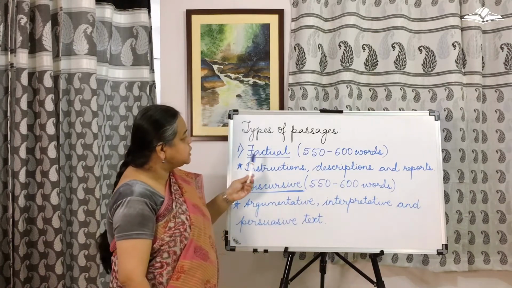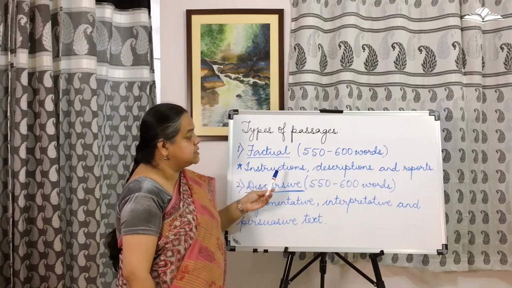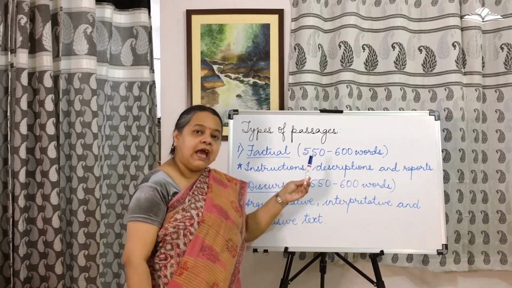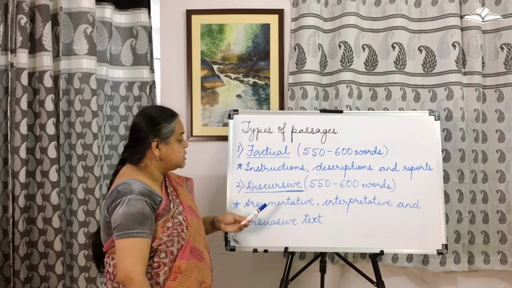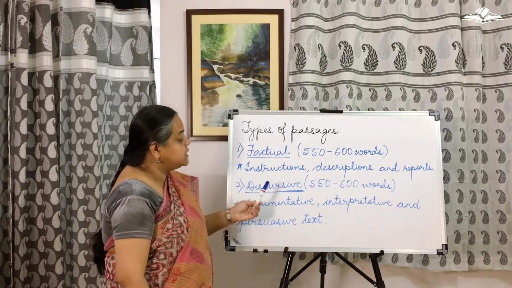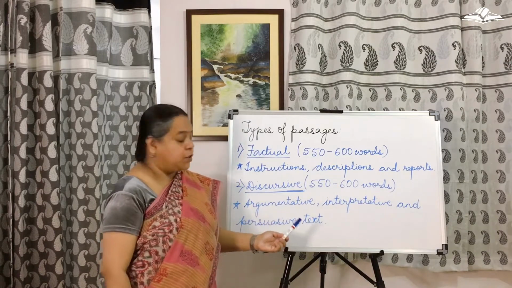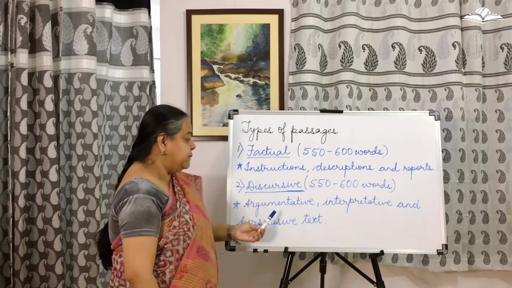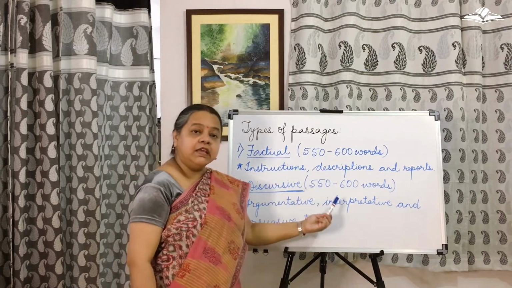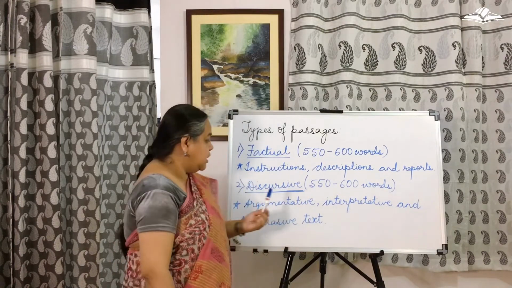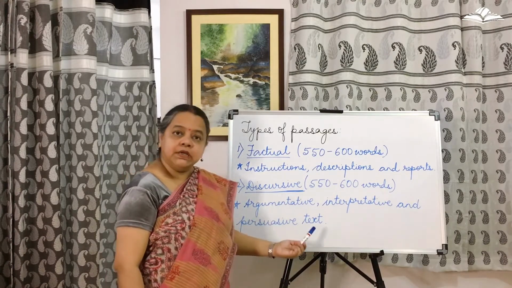In a factual passage, you will get facts about instructions, descriptions and reports. Whereas in a discursive passage, you will notice argumentative, interpretative and persuasive text where you will find people arguing on any topic, giving their interpretation and then trying to persuade you or convince you to come to a conclusion.